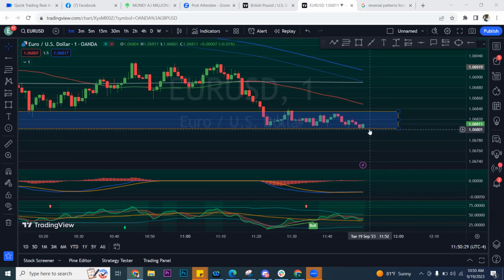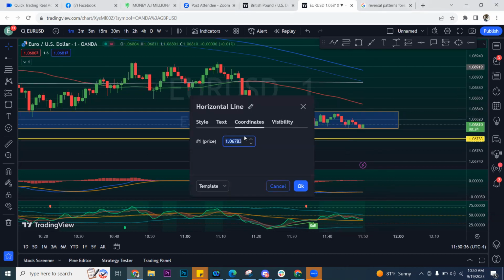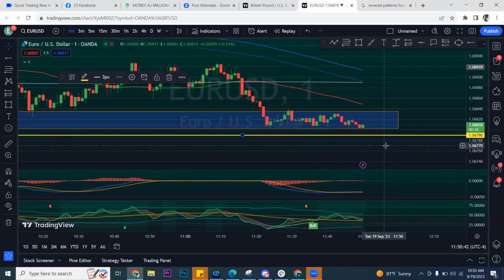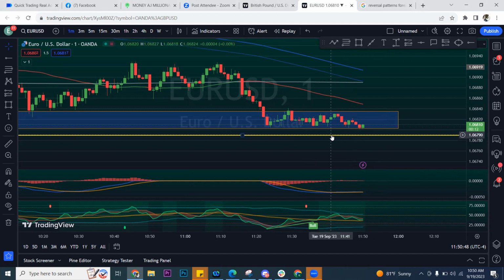So this is a 3 pip. If it came below here, this would take out the trade. But I got support here.